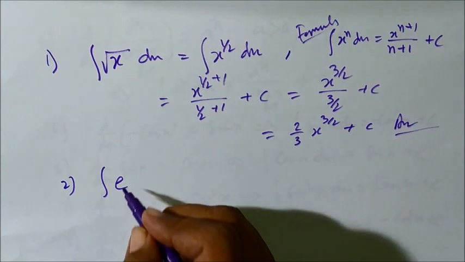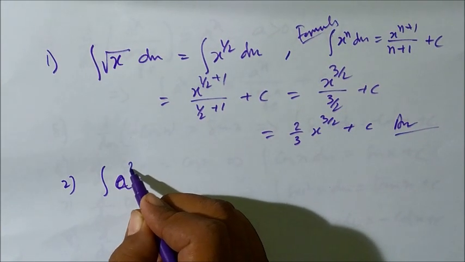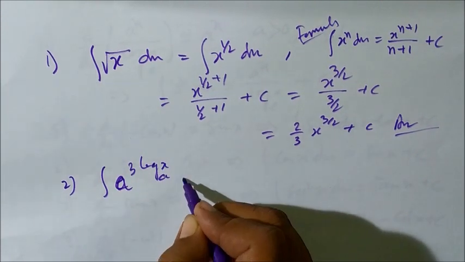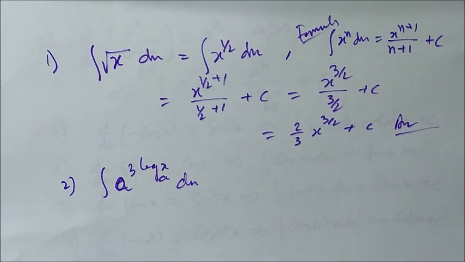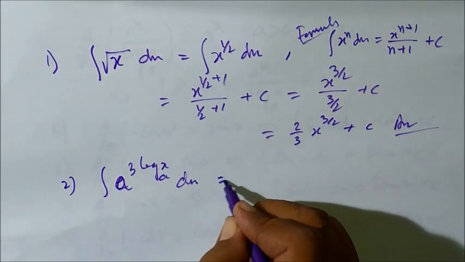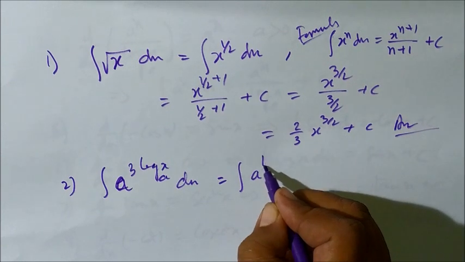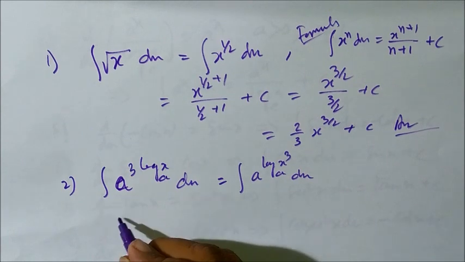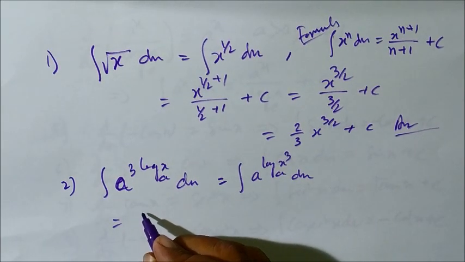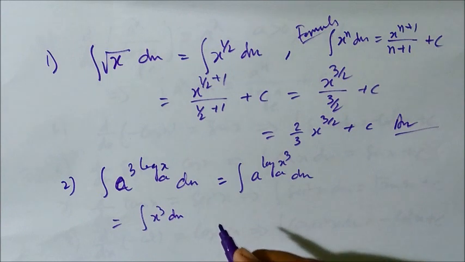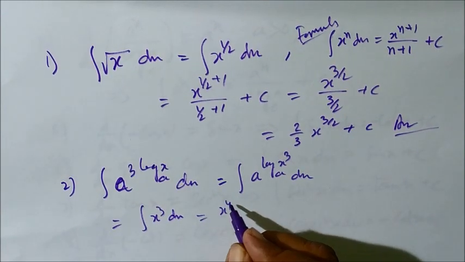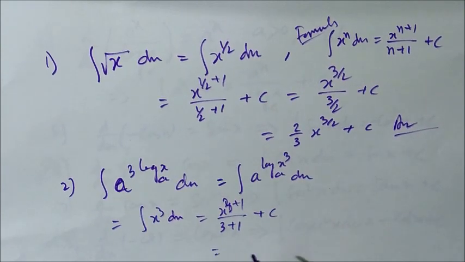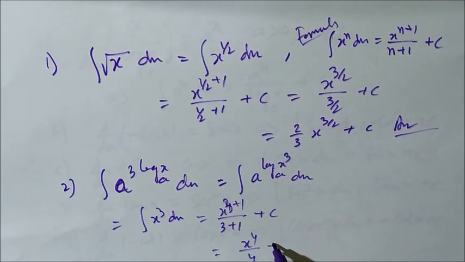Next, integral of a to the power 3 log x base a dx. This equals a to the power log of x cubed base a dx, which equals integral of x cube dx, which equals x to the power 3 plus 1 divided by 3 plus 1 plus c, that is x to the power 4 by 4 plus c.